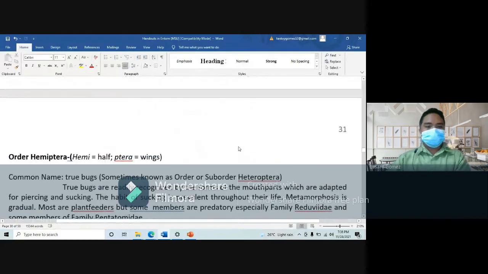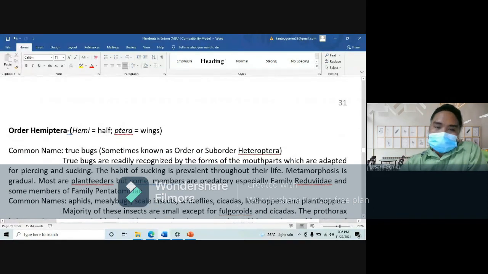Okay, the other order also is order Hemiptera. Consists of two words. Hemi means half. Ptera means wings. Common examples of this are the true bugs, sometimes known as suborder Heteroptera. True bugs are readily recognized by the form of the mouth parts, which are adapted for piercing and sucking.